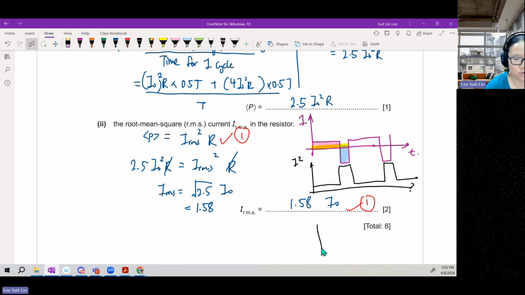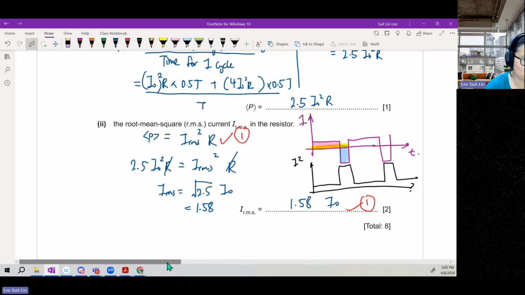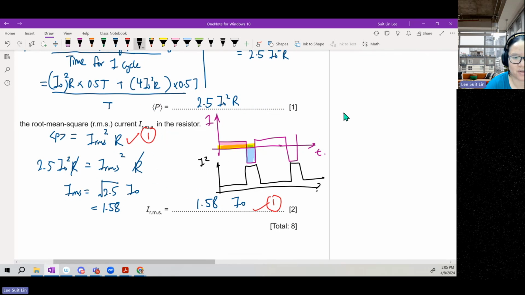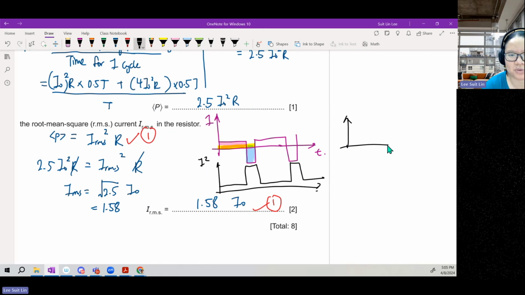If, let's say, I give you a graph that is a straight line but not a constant value, for whatever reason the current is very fancy, the current goes up this way, give you something like this. Then how? GG. When you square this graph, good game, man. Your graph will look like this. Square, x and x squared.